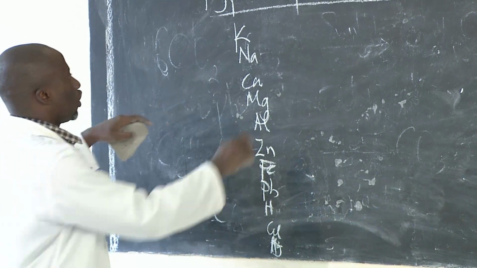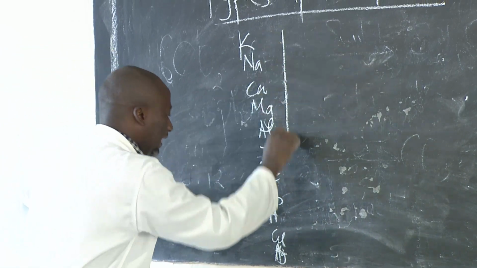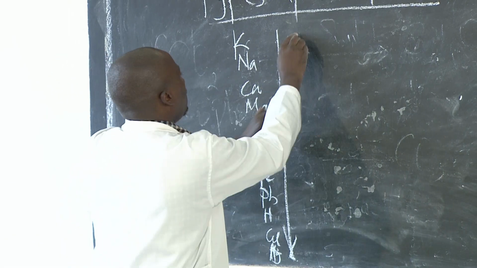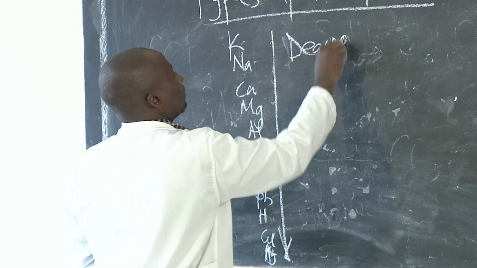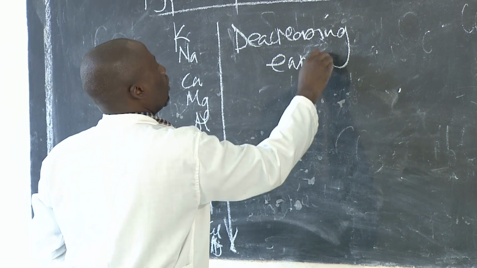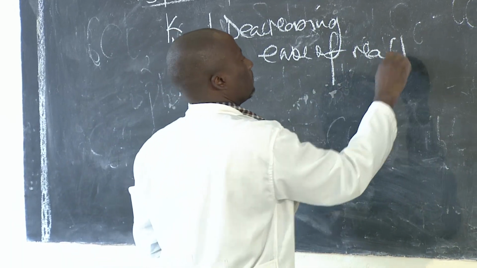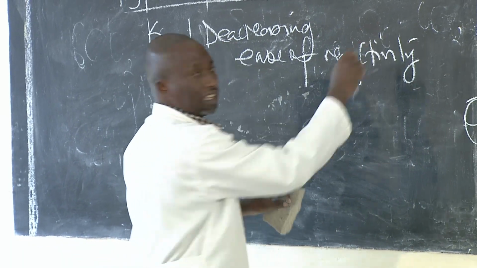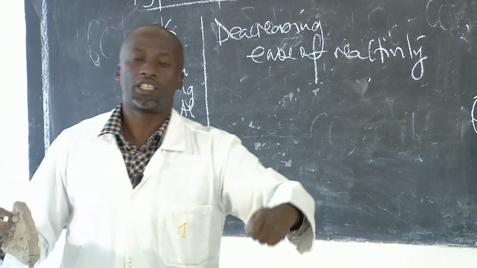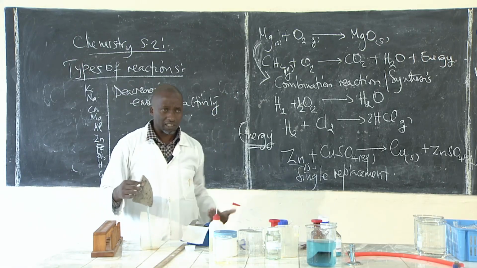This is showing decreasing order of reactivity. What does it mean? It means that as you move down, the reactivity of these elements is decreasing.